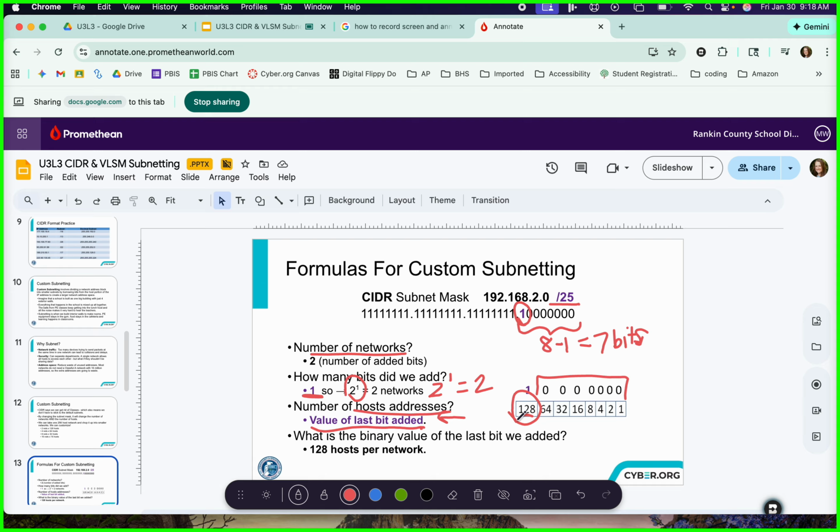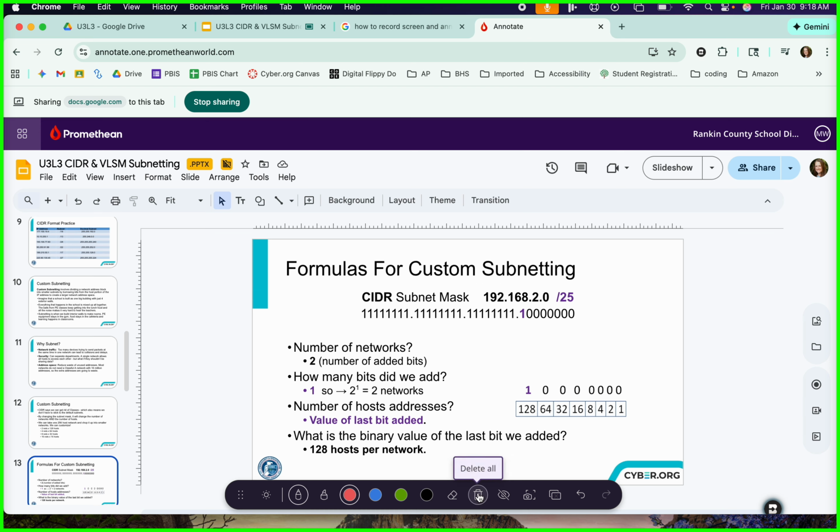So this IP address right here is our net ID, the IP address of our network. So how many host addresses do we have? We have 128 because we only borrowed 1 bit.